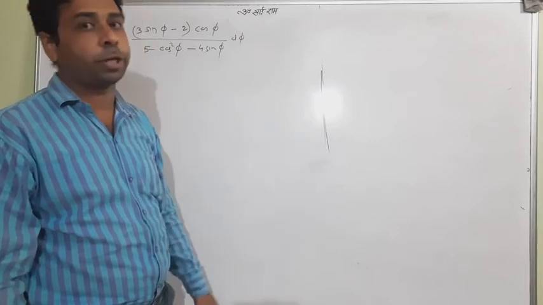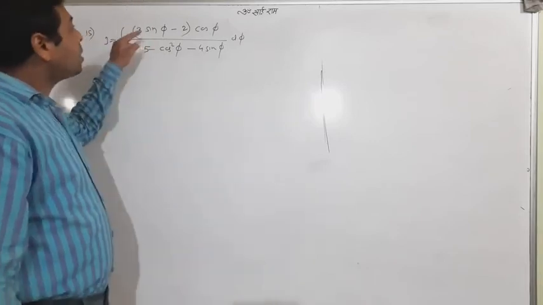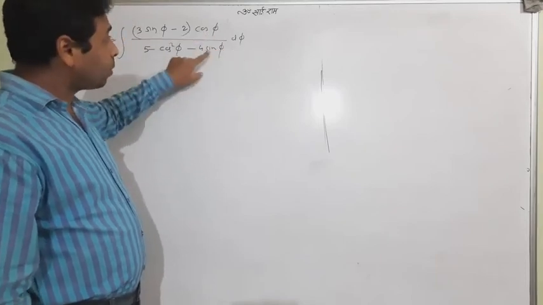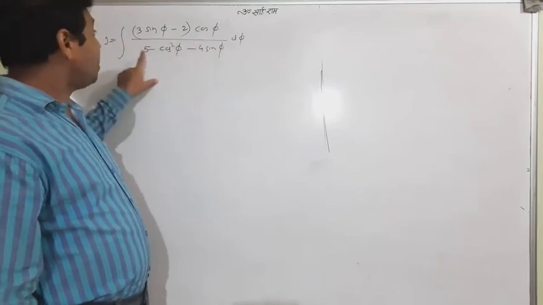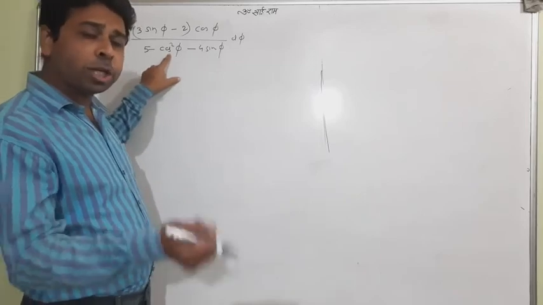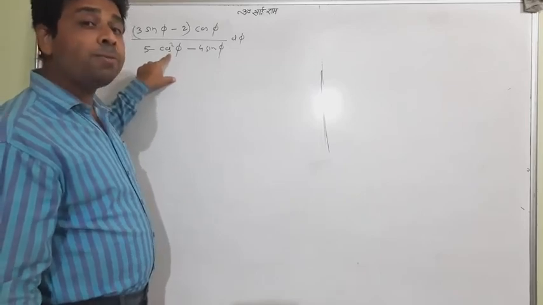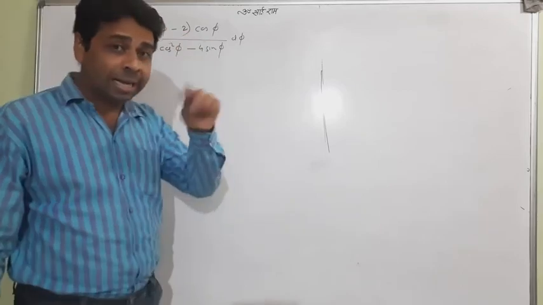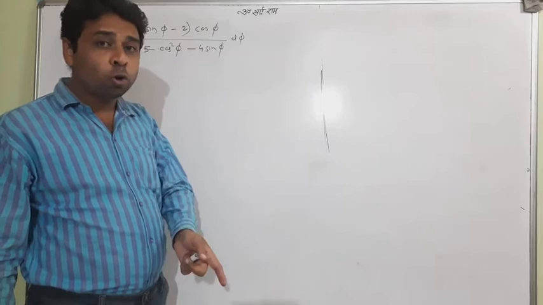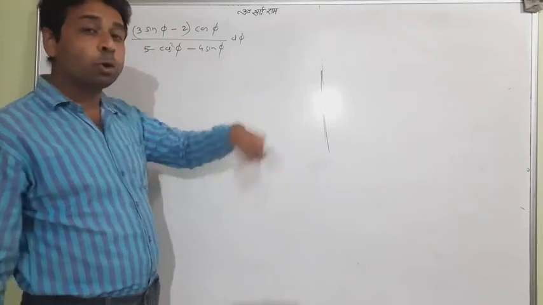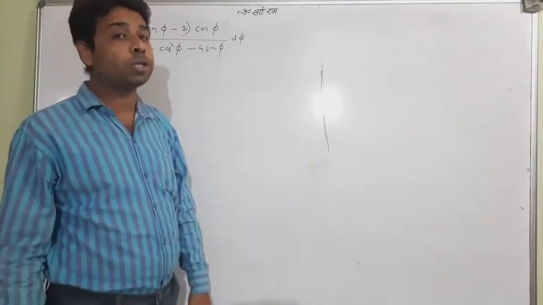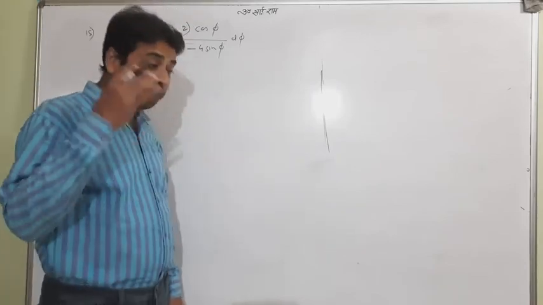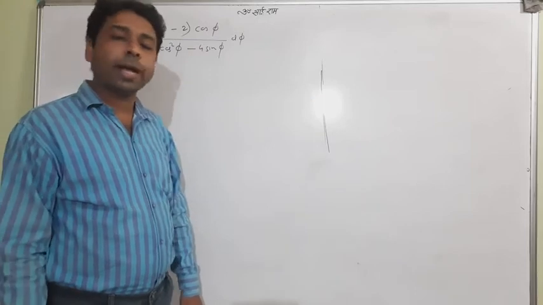This is very important. Look at, I tell you, in the denominator we have a cos square, but it can be changed into sine. So I will first try to convert the whole denominator into sine, and after doing so, I will let sine phi equal to t, because the differentiation of sine is cos. So even if you are doing the partial fraction method, the previous method can be used anytime.